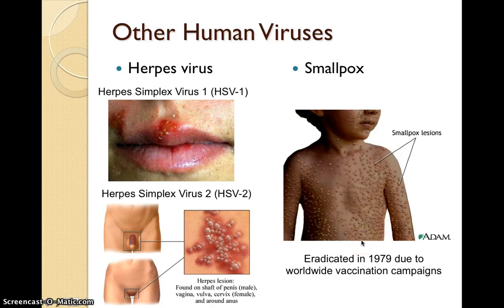This has been eradicated, which means we have completely eliminated it. The worldwide organization vaccinated every single person that had smallpox, to prevent the possibility of smallpox coming out again. So these are two other examples of human viruses that we encounter.